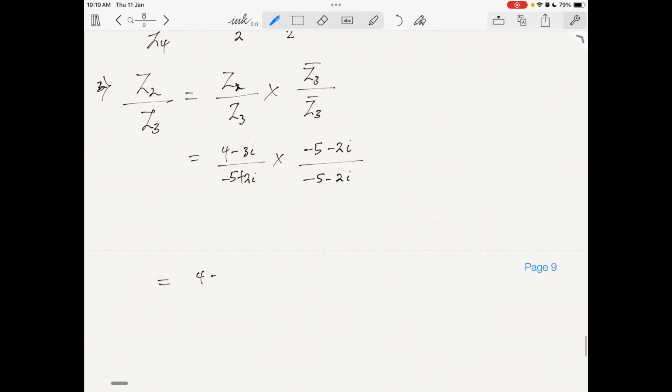So this will give us 4 minus 3i multiplied by minus 5 minus 2i divided by minus 5 plus 2i multiplied by minus 5 minus 2i.